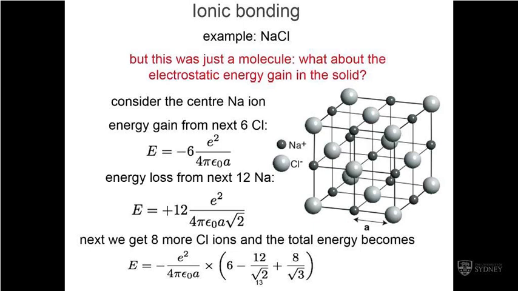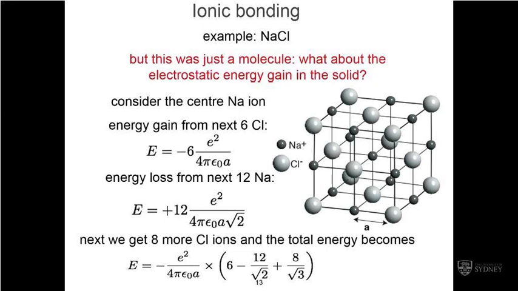However, we're going to add up the contributions from the atoms a bit further away from the sodium atom where you are. You've got an energy gain from the chlorines. What about the other sodium atoms in the next shell? The closest shell was the chlorines. The next closest shell is more sodium atoms. I'm not going to draw them all, but you can add them up.